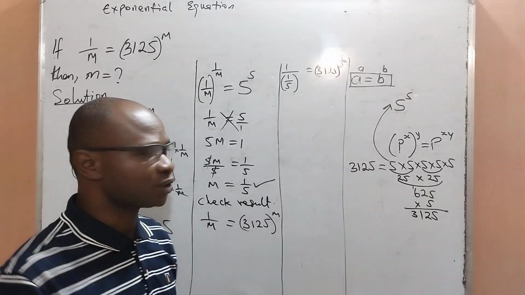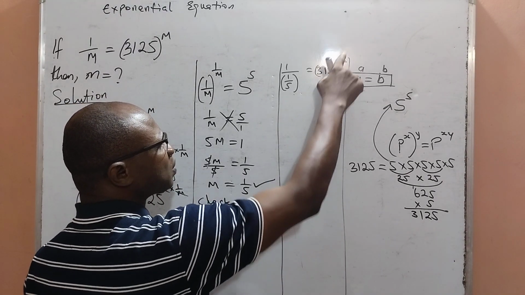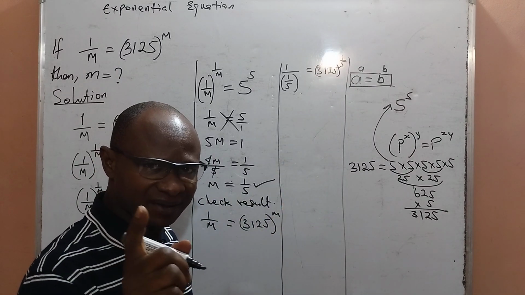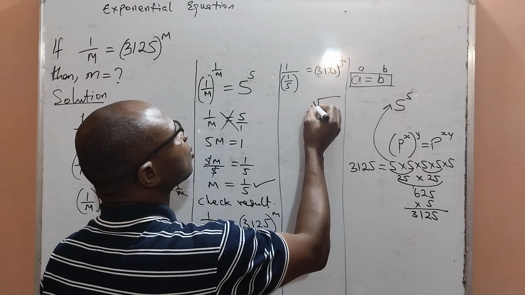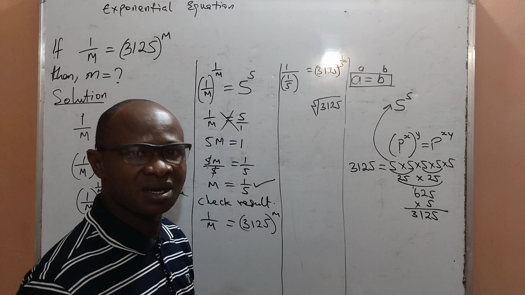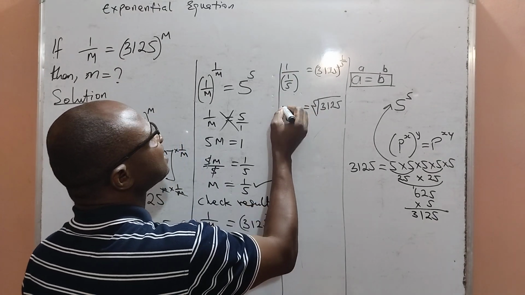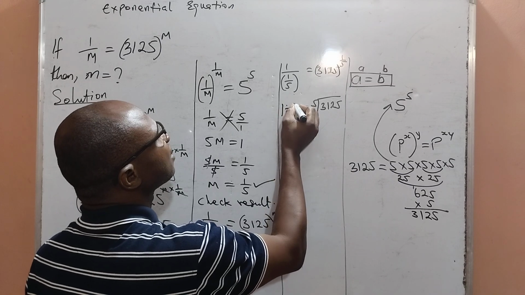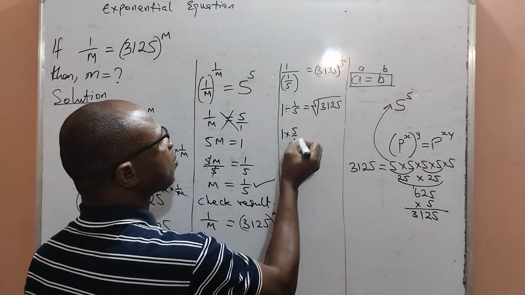Okay, good. If I have 3125 raised to power 1 over 5, what it simply means is that I should be looking for the fifth root of 3125. And 1 divided by 1 all over 5 is the same thing as 1 multiplied by 5 over 1.